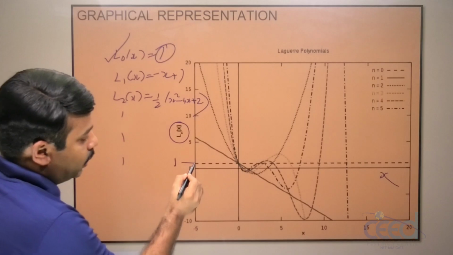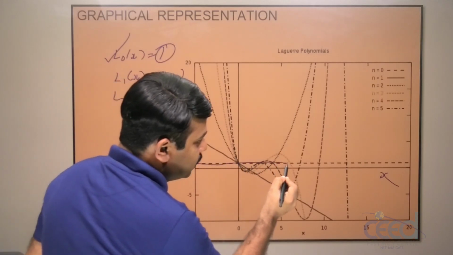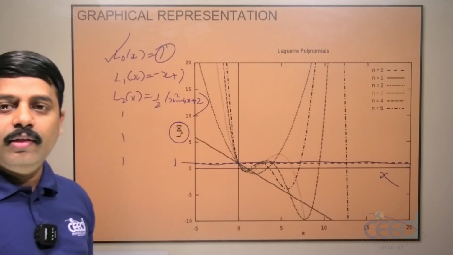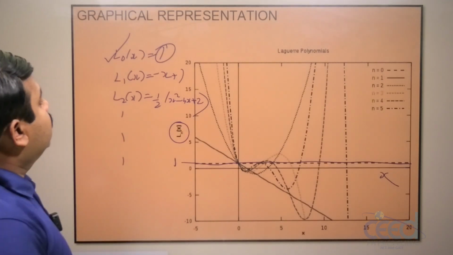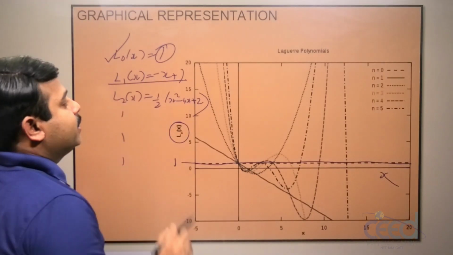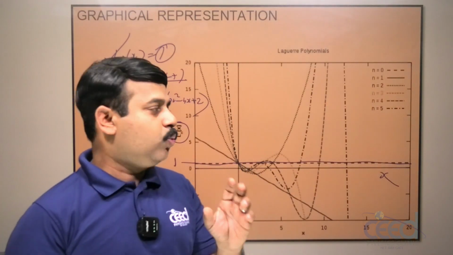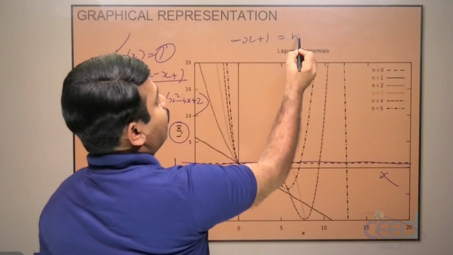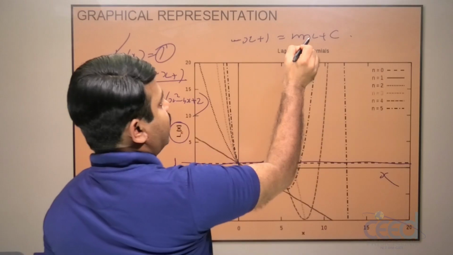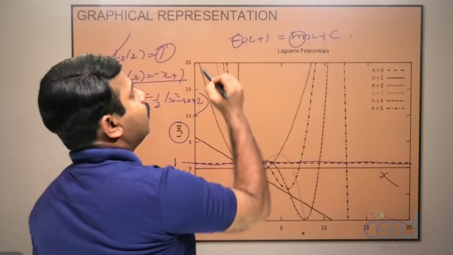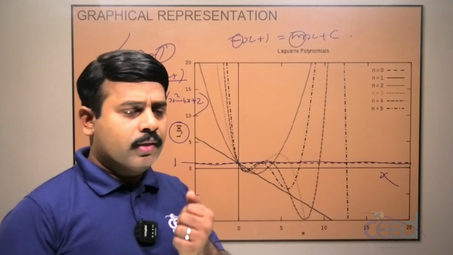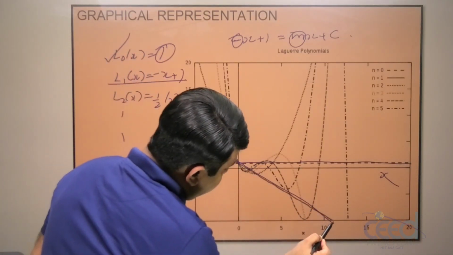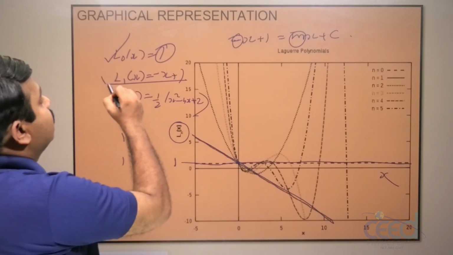L0 of x is equal to 1, so this line represents L0 of x, that means the value is 1. Now L1 of x is equal to minus x plus 1. Minus x plus 1 is in mx plus c format, a straight line, but the slope m is equal to minus 1. So this is the graph, a straight line with a negative slope.